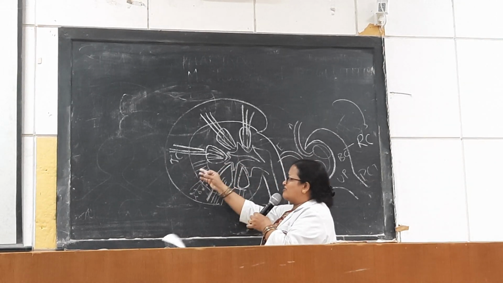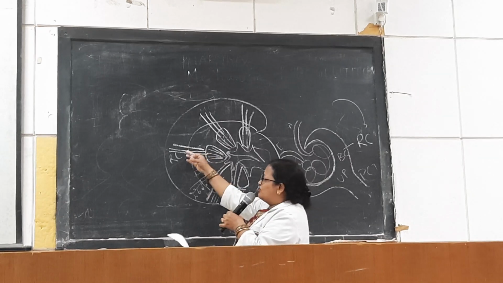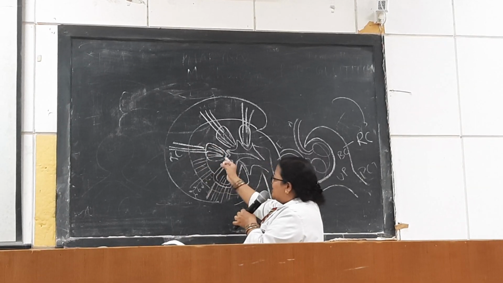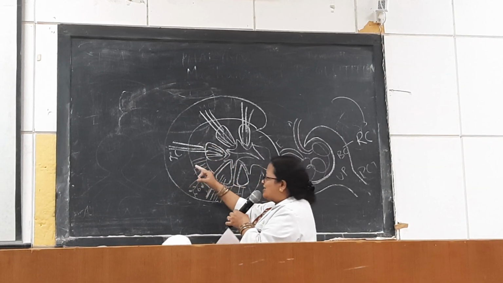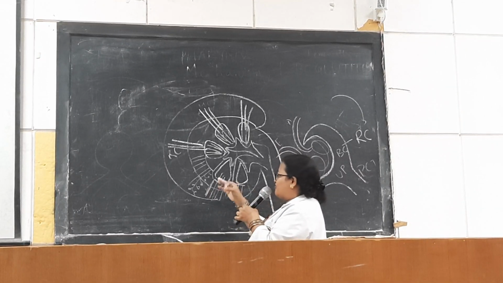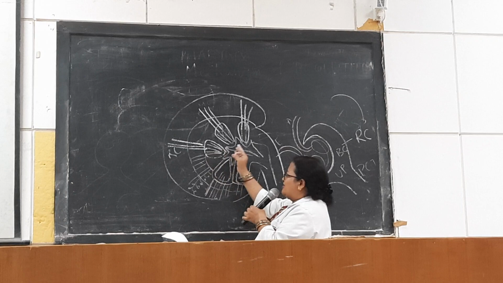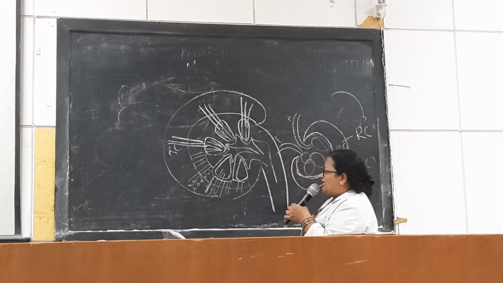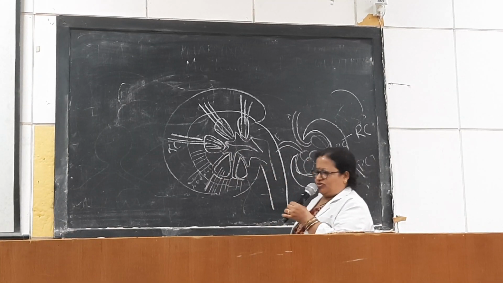The cortical nephrons have short loops and are mostly towards the cortex, and they comprise 85% of the nephrons. The juxtamedullary nephrons are longer and comprise only 15%.